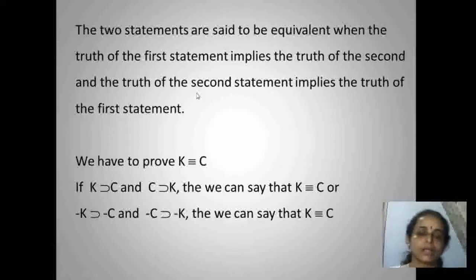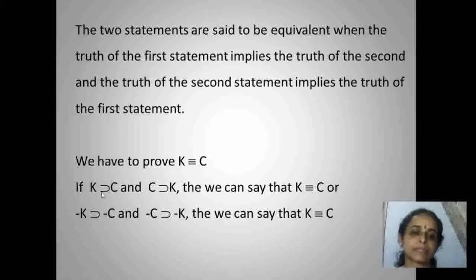So we can use different symbols here. For equivalence, we are taking this symbol. This is not equal to; this is equivalent to. So this symbol represents equivalent to, and this symbol represents implies.